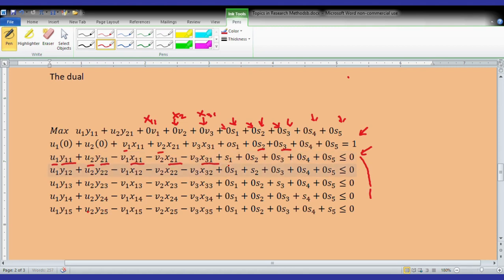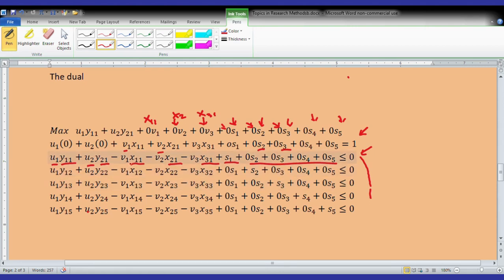And here we have S1, which is not having a coefficient equal to 0, it is actually having a coefficient equal to 1 because it appears in constraint 1, and the rest of the slack variables are having value equal to 0, so that they will be disappearing later on. So similarly is true about the other equations as well.